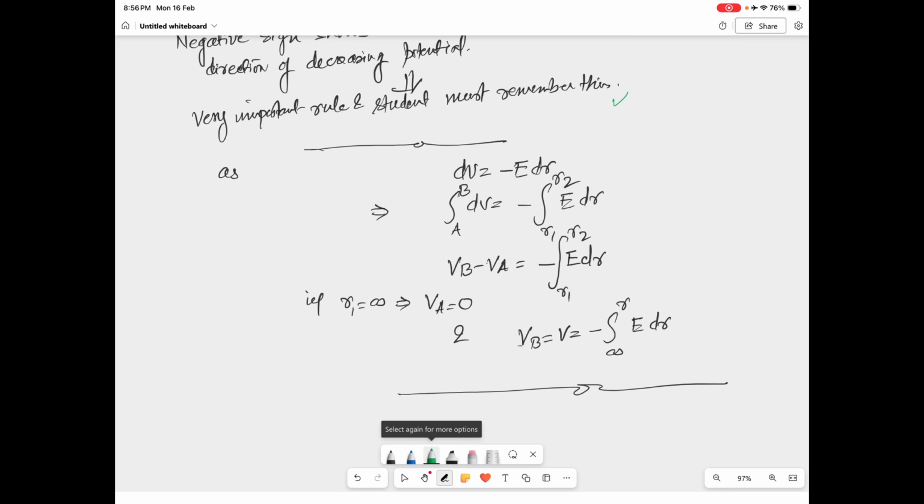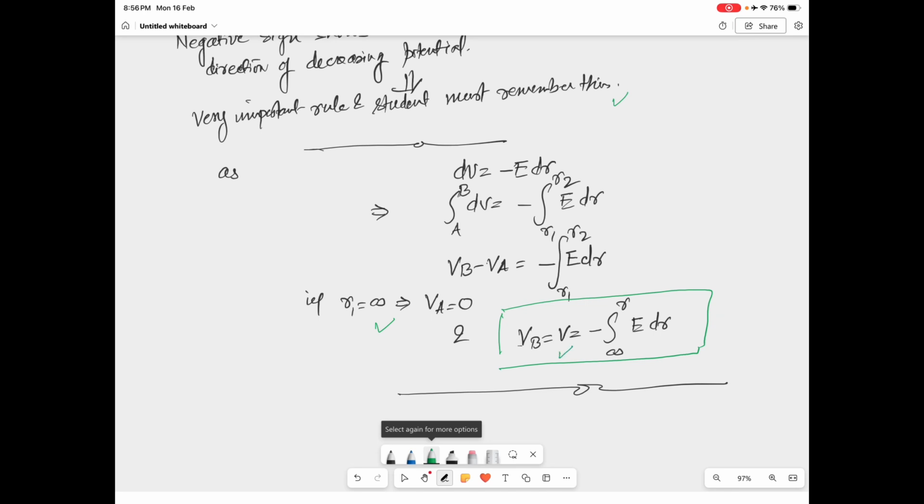Now I can integrate this, and by integrating this I will get another result. I will integrate between points A and B, which are at distances R1 and R2. If R1 is at infinity, VA will be 0 as explained earlier.